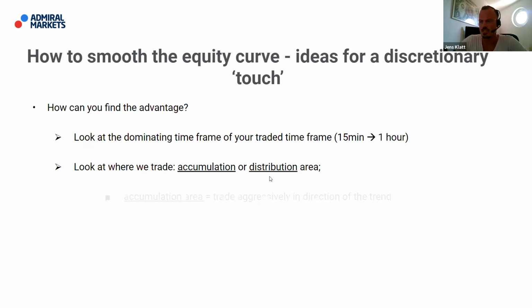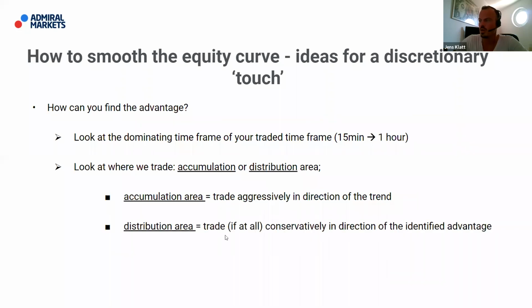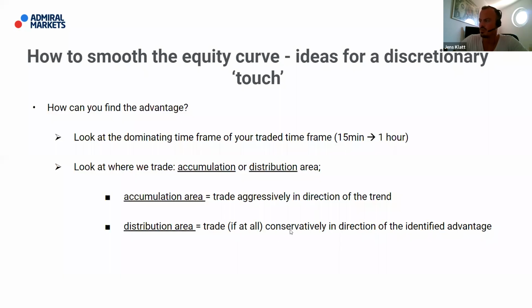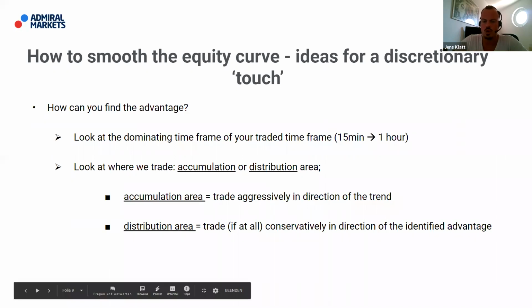And then we decide whether we trade aggressively in the direction of the trend, or we plan to skip the trade, or we trade it conservatively with a smaller position size. Which means usually if I risk 1%, in case of trading within the distribution area, I say, okay, I now trade only 0.5%, for example.